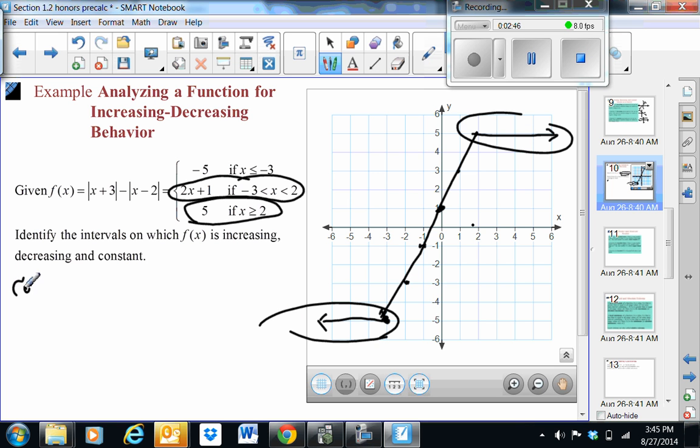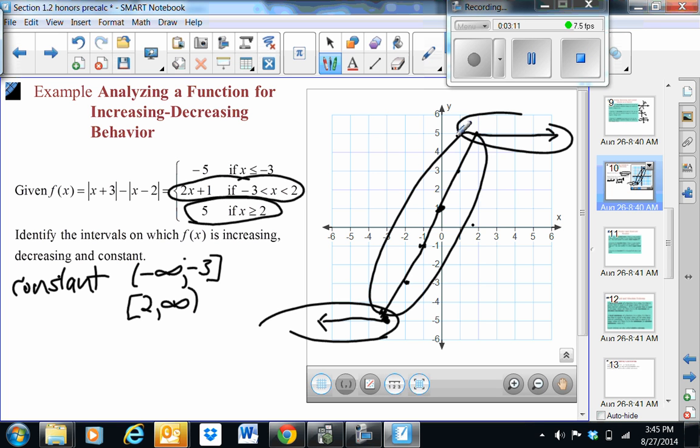So we would say it's constant from negative infinity to negative 3. And we would also say that it's constant from where x is 2 all the way to infinity.